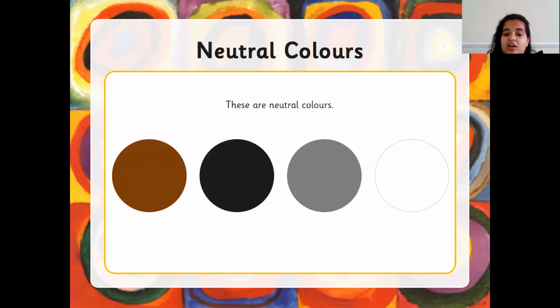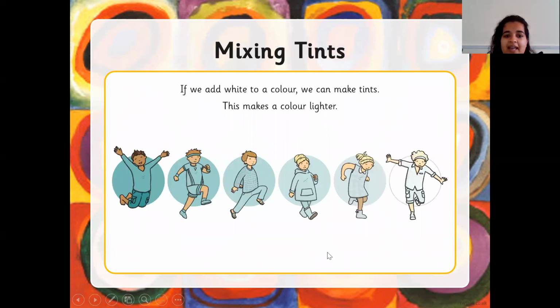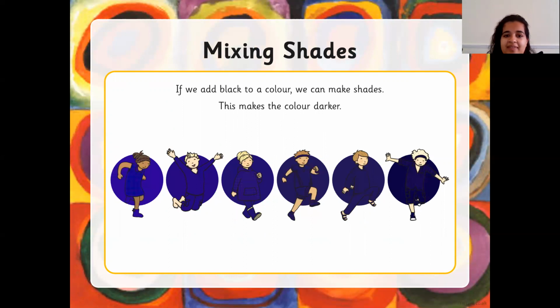These are your neutral colors. You've got brown, black, gray, and white, all neutral. If you add white to a color, you can make tints. This makes a color lighter. And if you add black, you make shades, and the color gets darker.